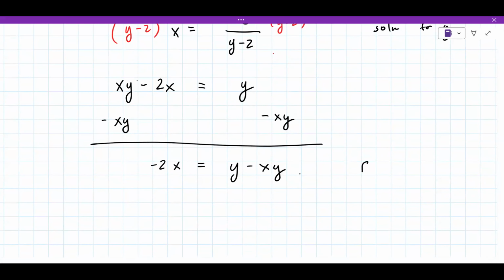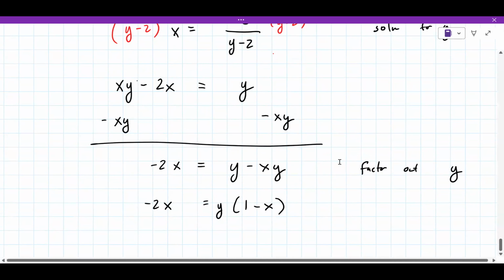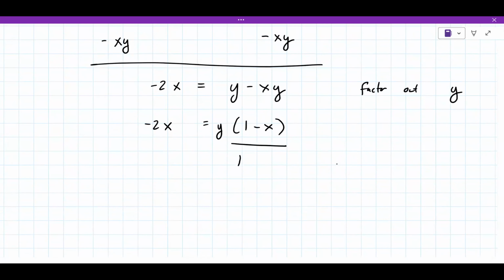Now I can factor out a y. So this is y times 1 minus x. Then you can divide both sides by 1 minus x. So y is equal to minus 2x over 1 minus x. Just switch sides there.